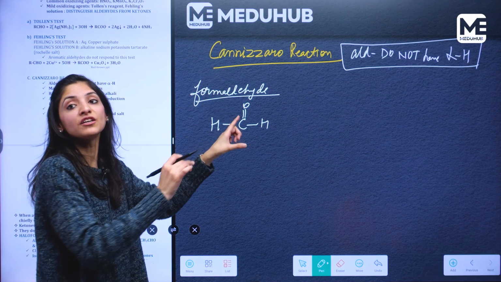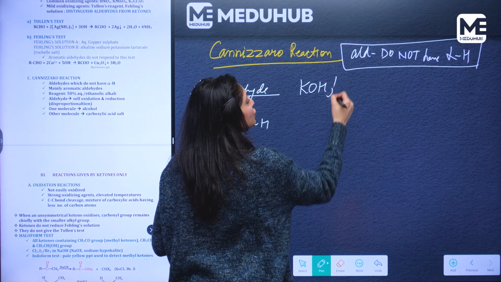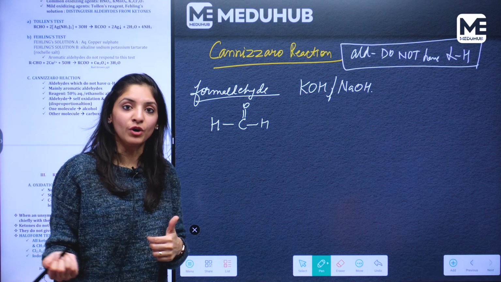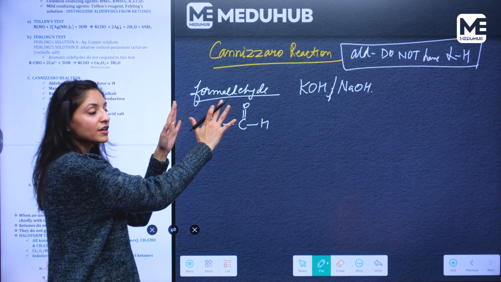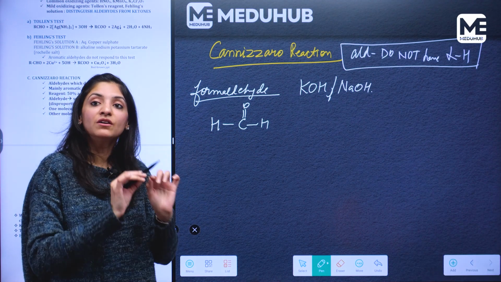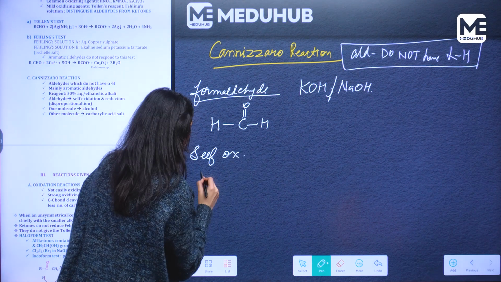Cannizzaro reaction is a reaction which takes place in the presence of a 50% solution of KOH or NaOH in alcohol or in water. So this is concentrated NaOH or KOH. In this reaction, the molecule of aldehyde undergoes self-oxidation and self-reduction.